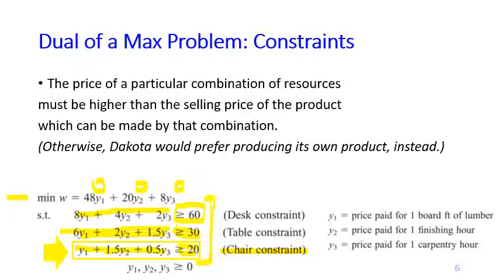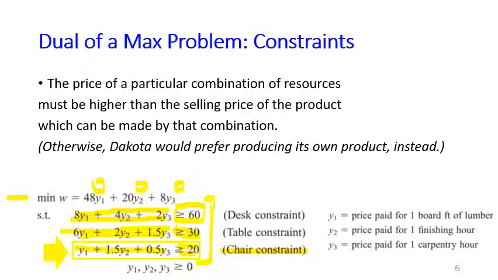Again, the reasoning is because if the total price of a particular combination is less than what Dakota can get from producing a product, then Dakota will say, I will not sell these resources to you. I would prefer to use these resources to produce desks, tables, or chairs, right?